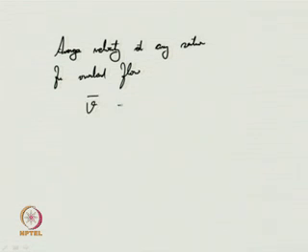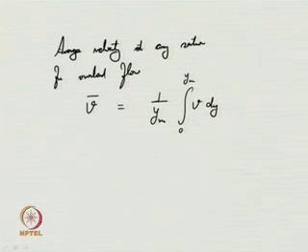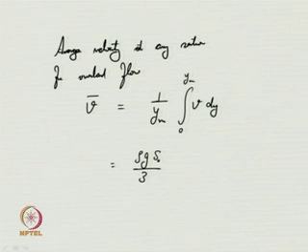You can give this as v bar. This is 1 by ym, where ym is the depth of the overland flow, times integral of v dy. You just substitute the quantity of v whichever we have given here, you will get this as rho g s naught by 3 times mu into ym square.